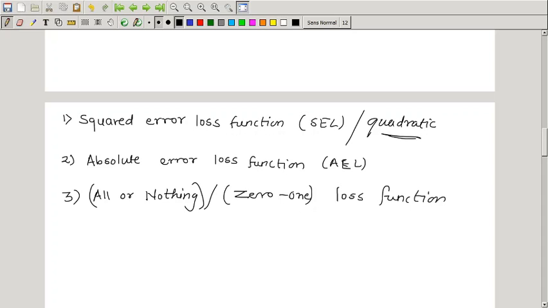But remember that in Bayesian estimation, you have to follow five important steps to find the Bayesian estimation. First step is, decide an appropriate prior.